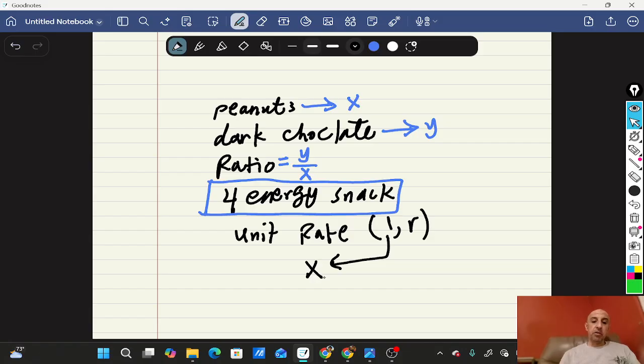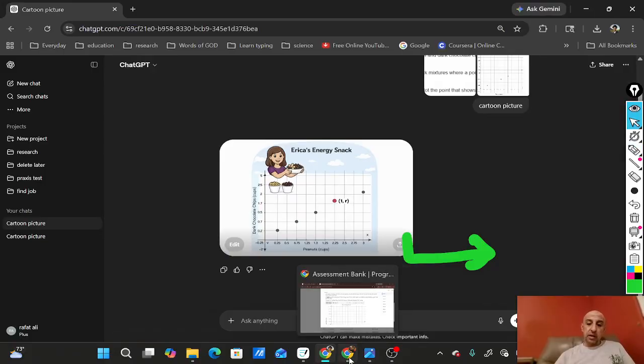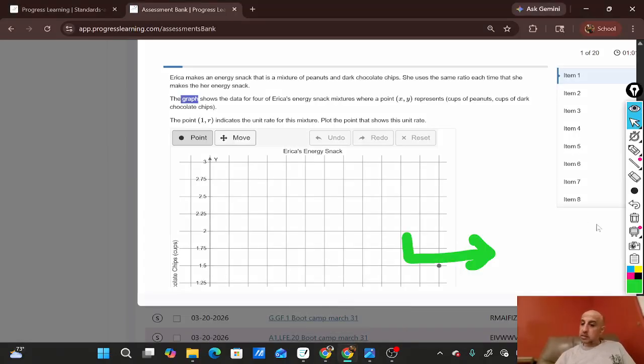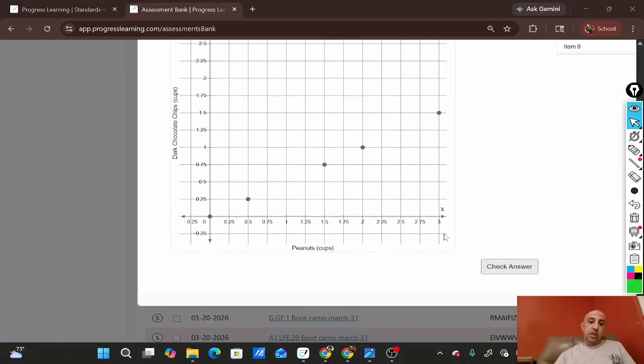So if the number of cups of peanuts is 1, then the y represents the r, and y is the cups of dark chocolate. So how to find this? We need to go back to the graph, and from the graph you can reach this answer.